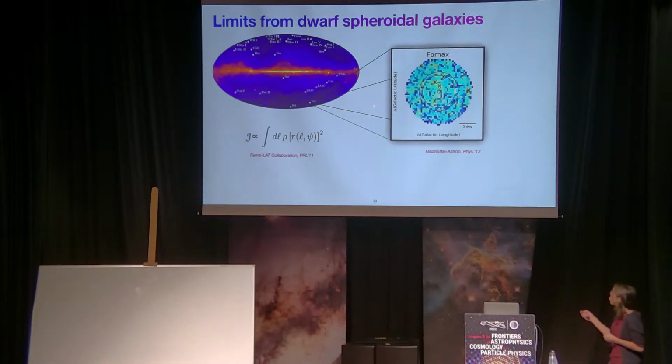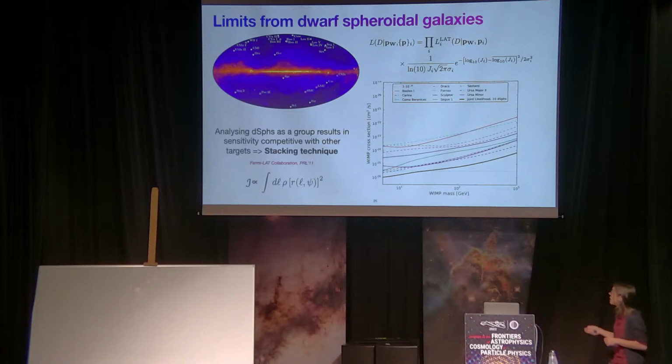So then you know where the dwarf is, you know what the J factor is, you can go into Fermi data, collect the data around the position of the dwarf, and just look if there is any excess in photons or in counts with respect to the photons that you would expect from the galactic diffuse emission or the point sources that you know around the dwarf. If there are no excesses, you, of course, can still do something for dark matter. You can set an upper limit on the sigma v versus mass plane.